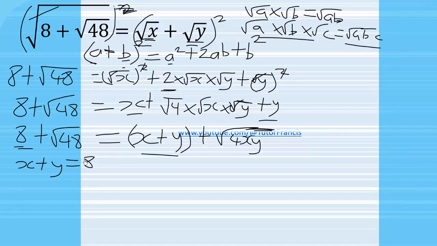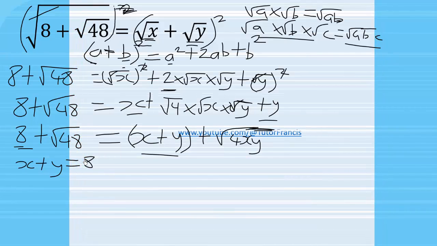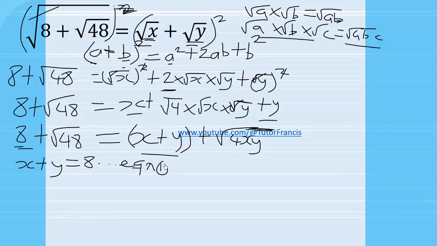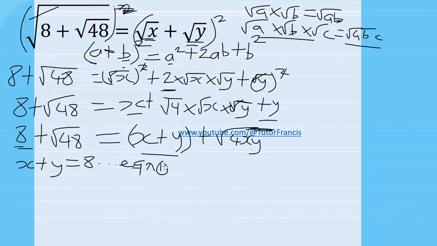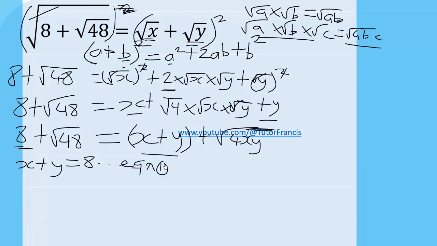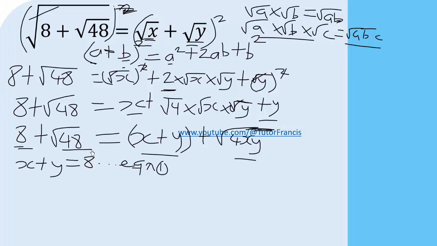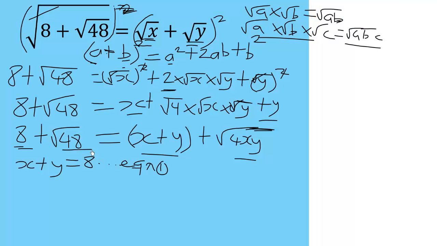Since we have two variables, we can name this equation 1. So we need to get another equation. So we can just do that by comparing this to this. The values under the square root sign, the radical sign.